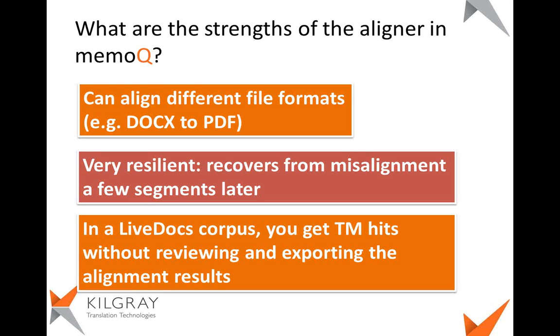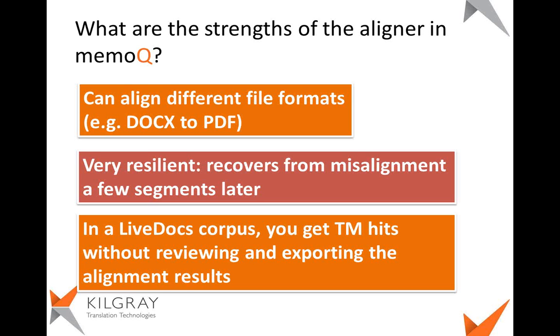And the last comment on this slide contains the most important statement regarding a LiveDocs corpus. This is where you put your document pairs. From a LiveDocs corpus, you get the translation memory like hits without reviewing and exporting the alignment results. And this is good, and this is not so good at the same time.